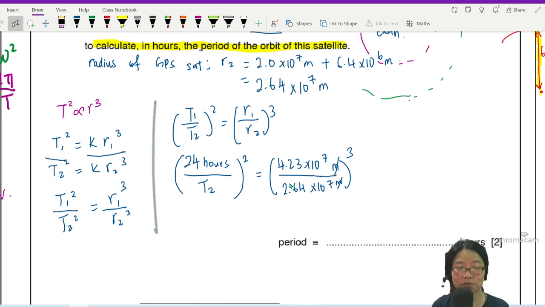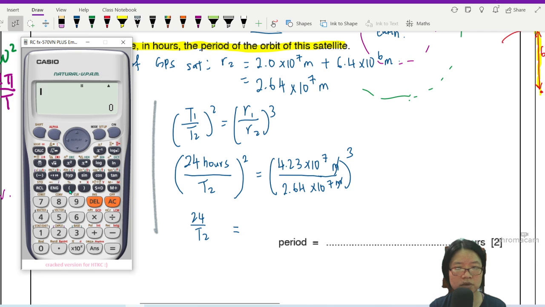So from here, we can press our calculator. 24 over T2 will be equal to, okay, when it comes to pressing the calculator, I'm using the normal linear mode because I know not everyone has this version of the calculator. But if you have the fraction mode, you can use that as well, as long as you're comfortable.